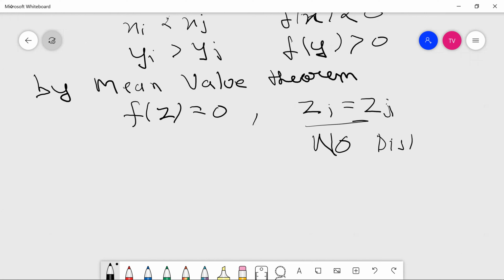Not distinct means that z lies somewhere in a different region.